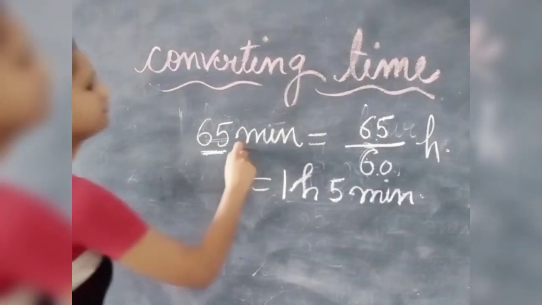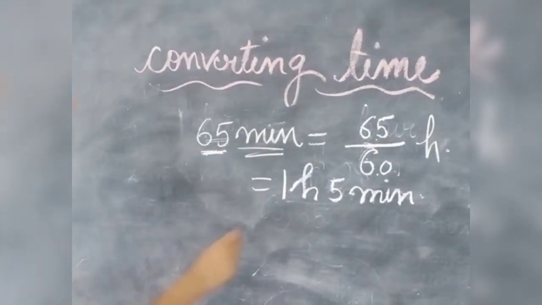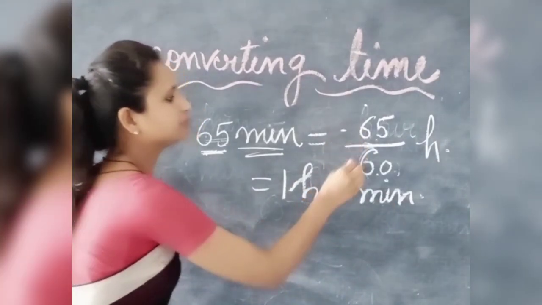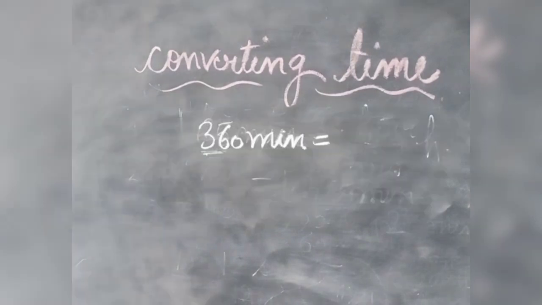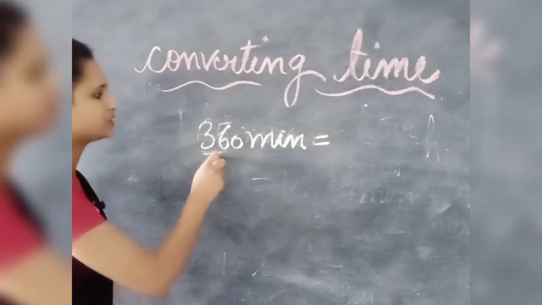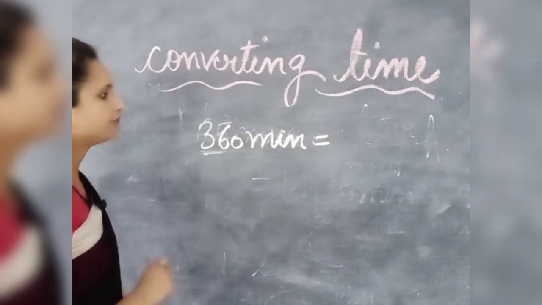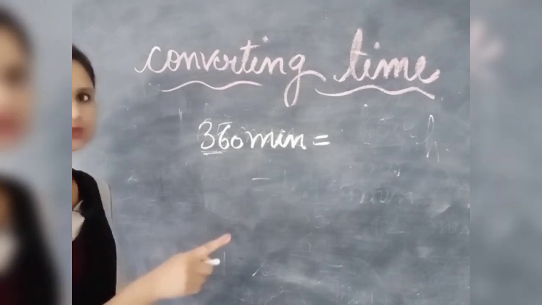So when we have to convert minutes into hours and minutes, we have to divide the given number by 60. Now let us take another example, 360 minutes. We have to convert this into hours and minutes.